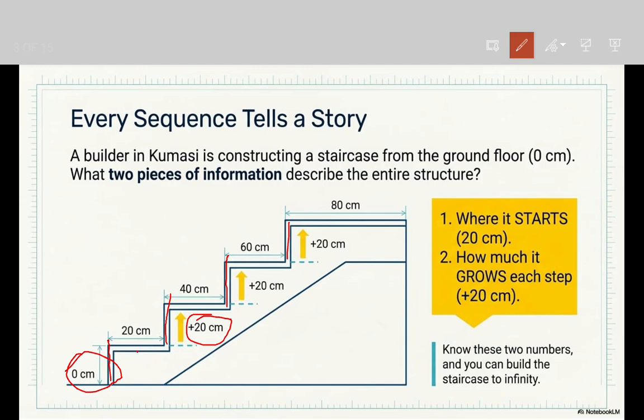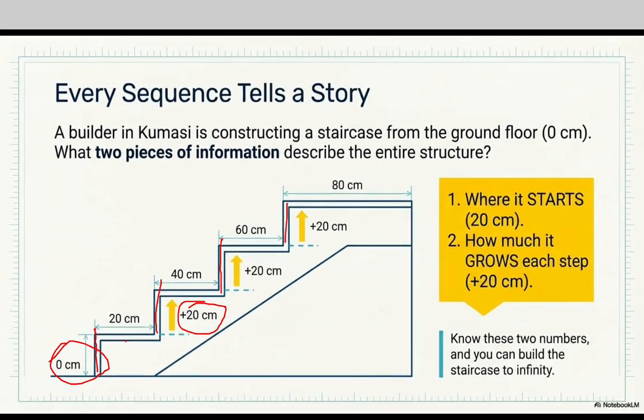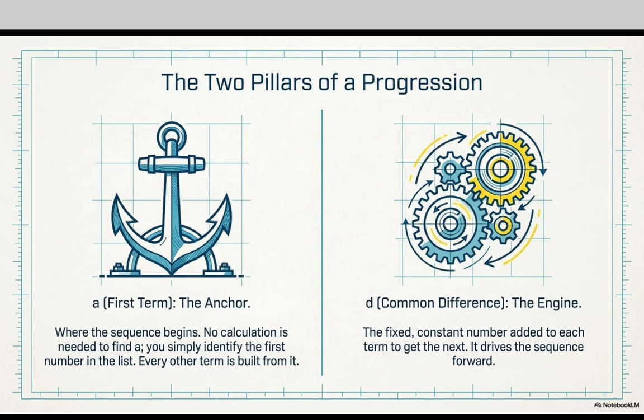So with where it starts, which is the first term, and how much it grows, which is the common difference, these are the two pillars of arithmetic progression: the first term and the common difference. The first term is where the sequence begins.